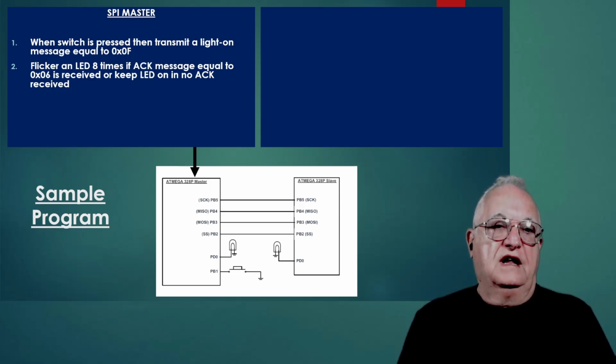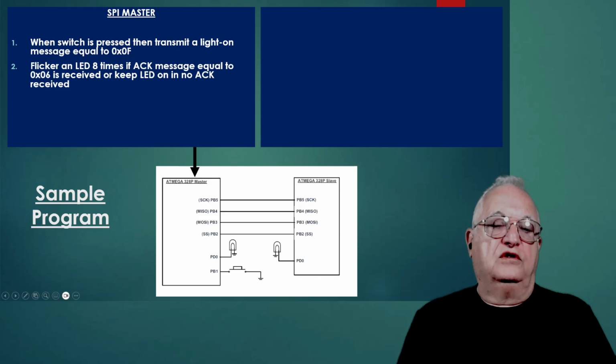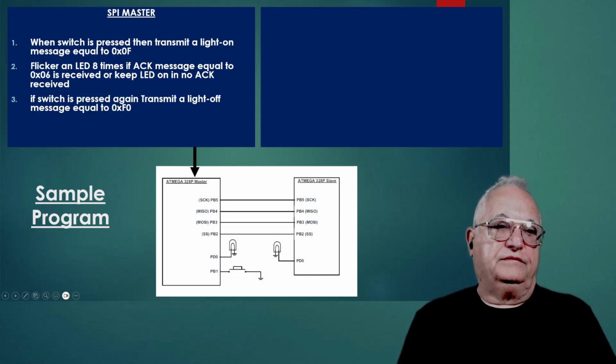So you flicker the light 8 times if you get the acknowledgement, which is equal to 06 hex, or if you don't get the acknowledgement, then you turn on the LED and just leave it on.